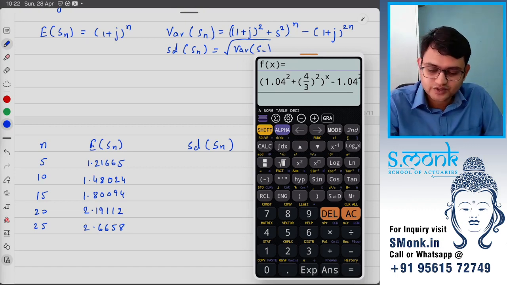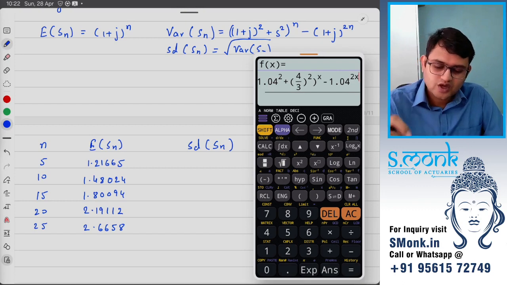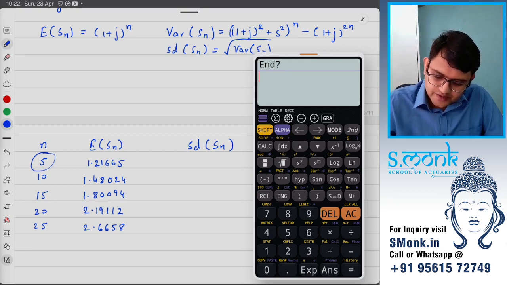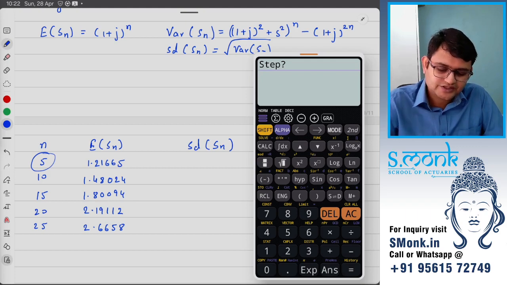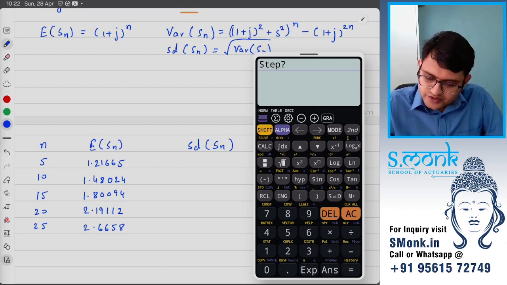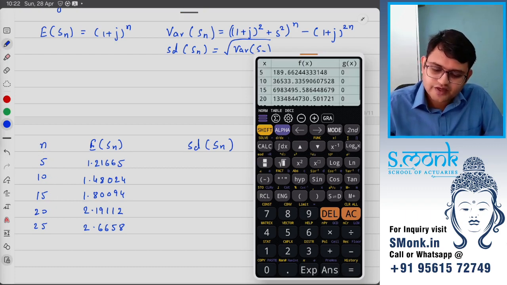All I have to do is press equal to and I will get a start. I will start with 5, I will end at 25, and steps is 5 because the difference between each one of them is 5. So the steps, I'll take it as 5.